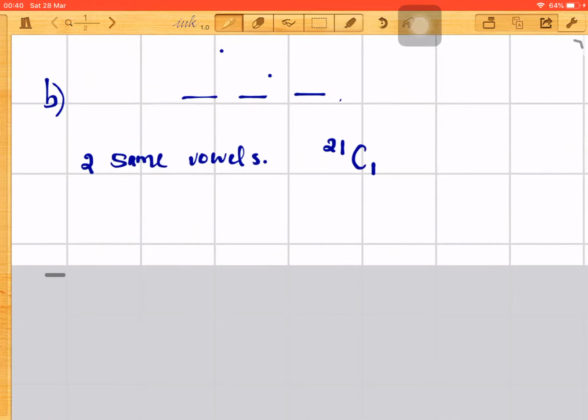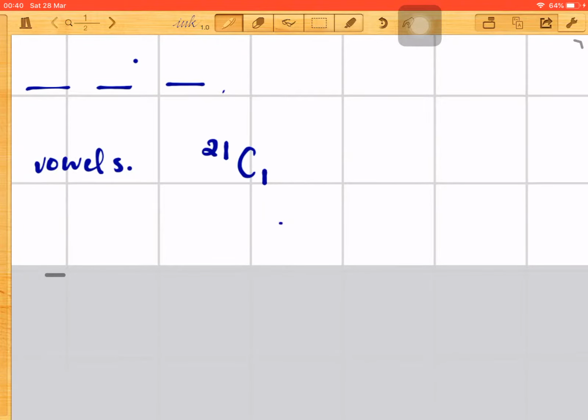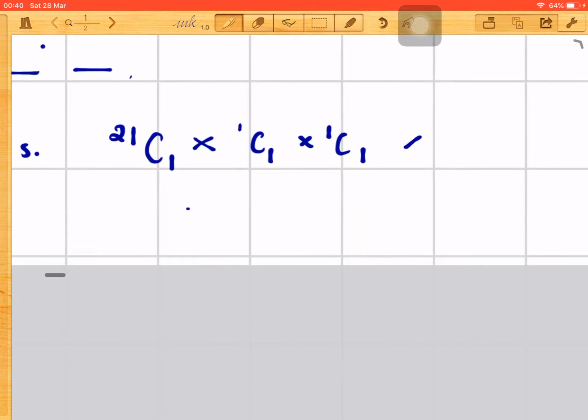And because you want the same vowels, let's say we choose A first, so it's gonna be 1C1, 1C1, and after you have all this, then only you do 3 factorial. You want to arrange 3 of them, but then you realize you actually have 2 of the same. That's why you have to divide by 2 factorial.